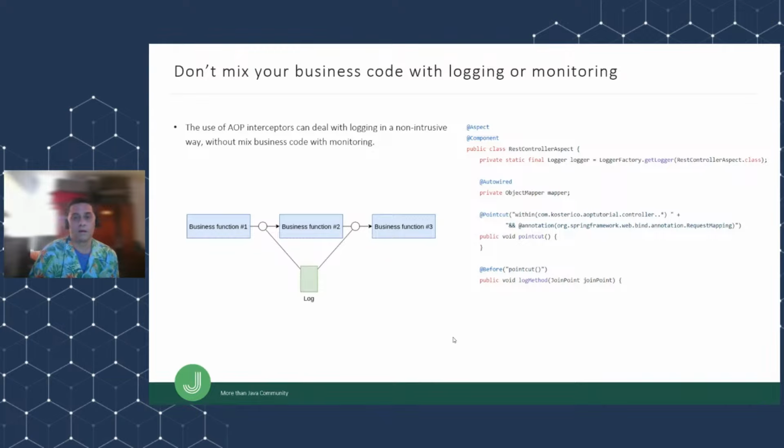And the solution for this problem often is to use some sort of aspect like this example here. And the aspect can have a point cut. The point cut will filter by package name, including which part of my code I am interested in logging what's happening.